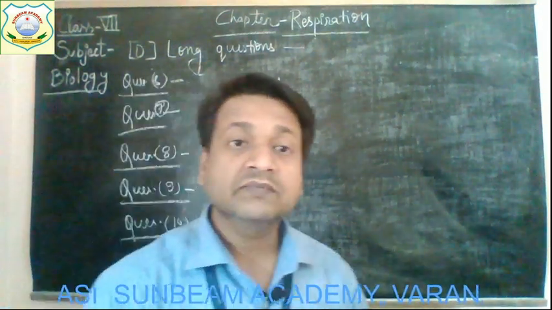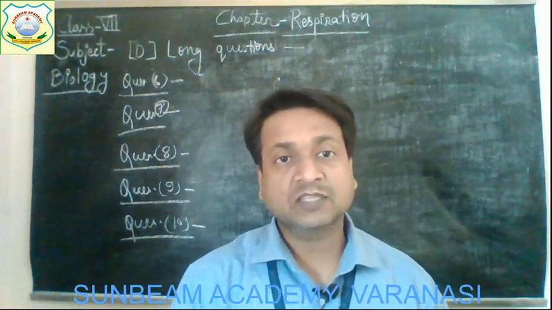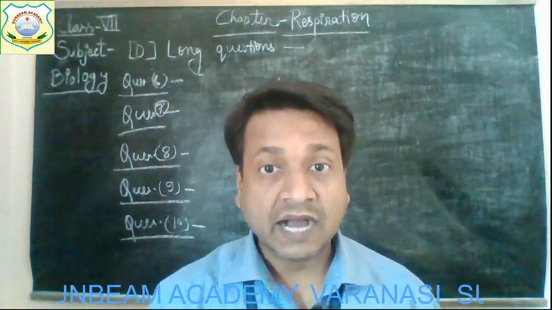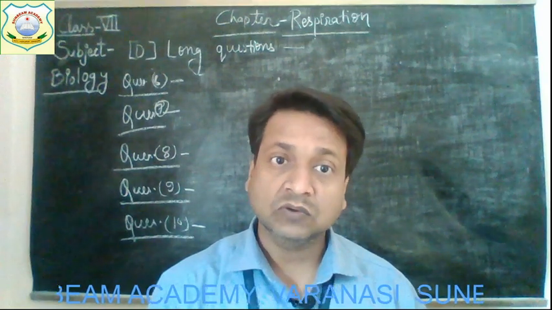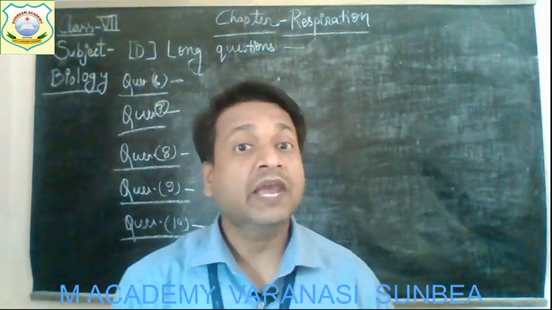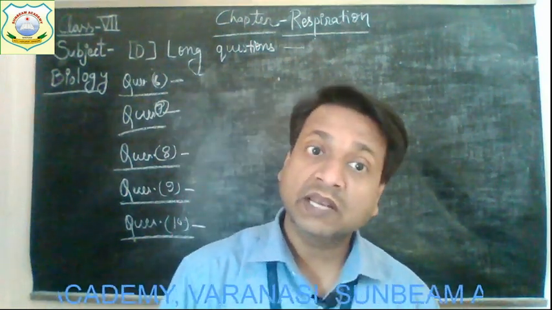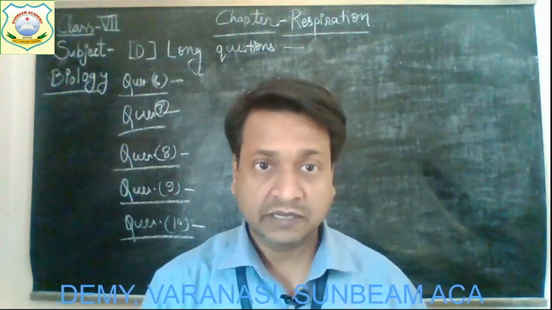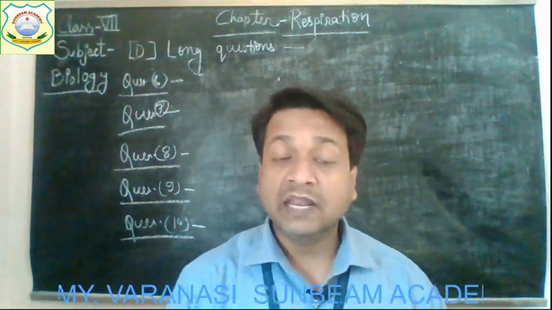And the question is, what is anaerobic respiration? And does it occur in the human body also? So children, remember, we have discussed aerobic as well as anaerobic respiration. Is it? So, what is anaerobic respiration?